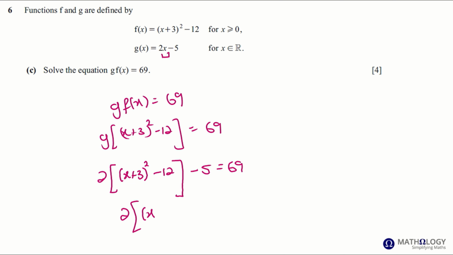2 times ((x plus 3) squared minus 12) equals 74.